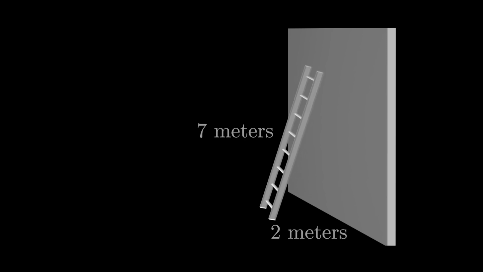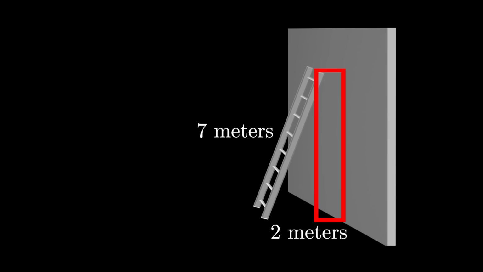Because of the way it is phrased, it might be a little harder to comprehend the problem. But if you think about it, when we ask how fast the top of the ladder slides up the wall, we're basically just asking how the length of this leg right here changes over time.